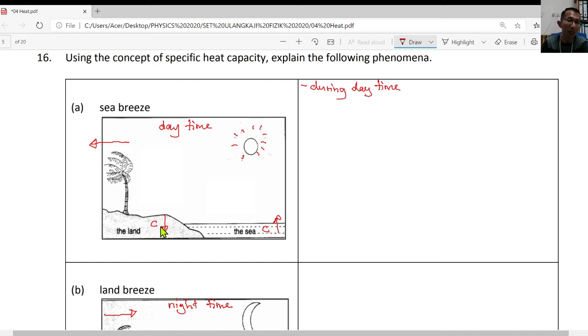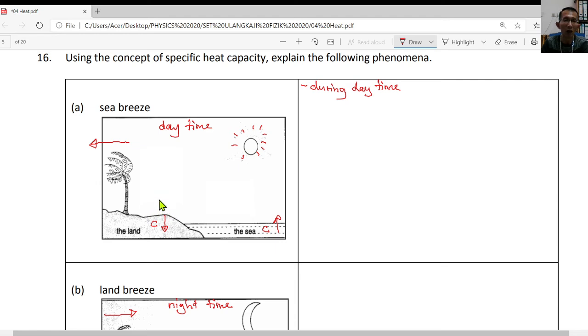Hence, the temperature above the land will increase significantly because it can store less energy, so the air here would be hotter.